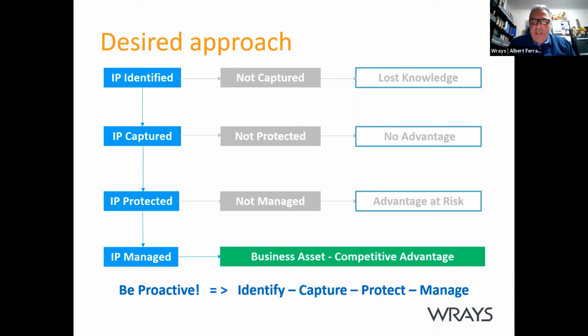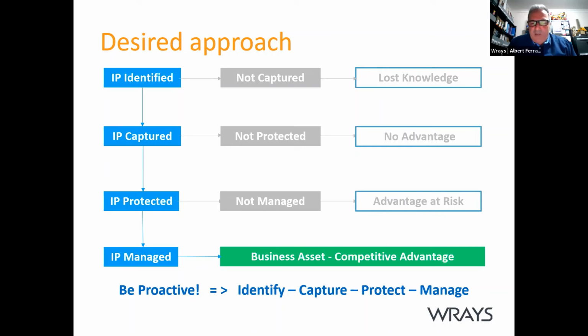And if we get it right, we're then able to turn to the exciting part where we leverage and extract value from IP. And you can see that if we get some bits right and some bits wrong, we introduce risk to the system. We have the issues where knowledge walks out the door, or we sort of know what we have, but there's no advantage because we don't formally protect or lock down.